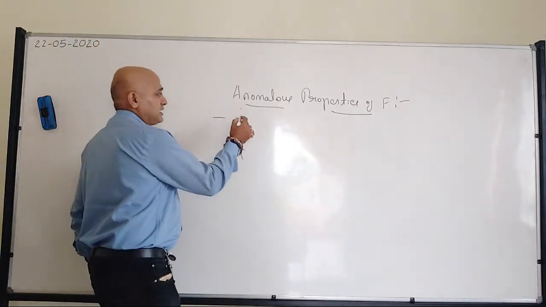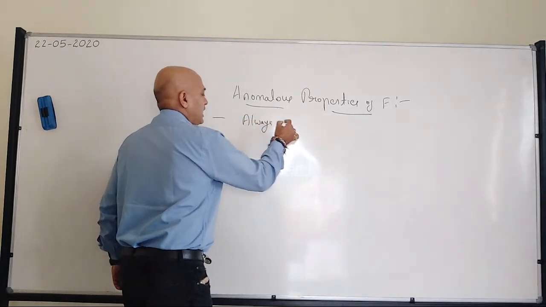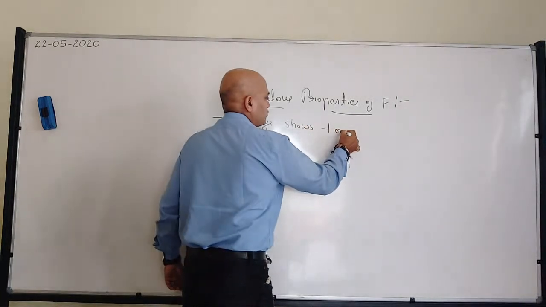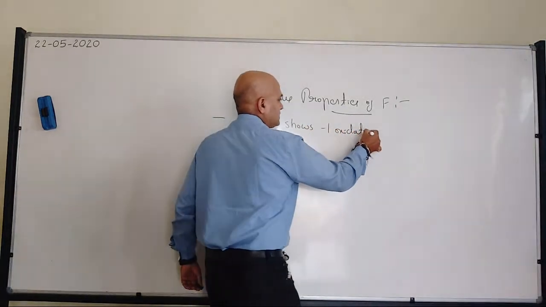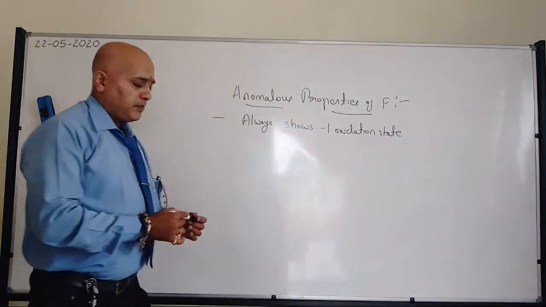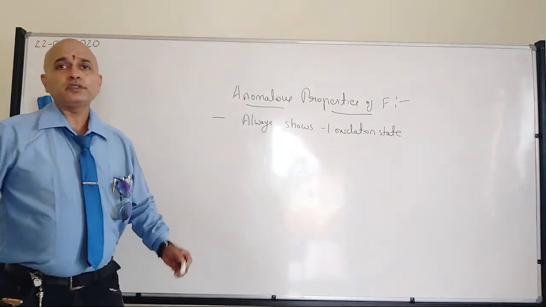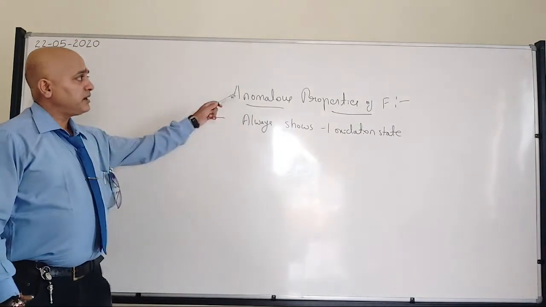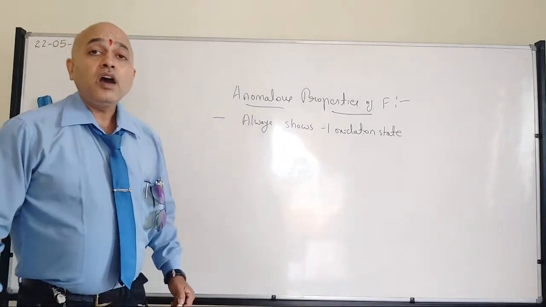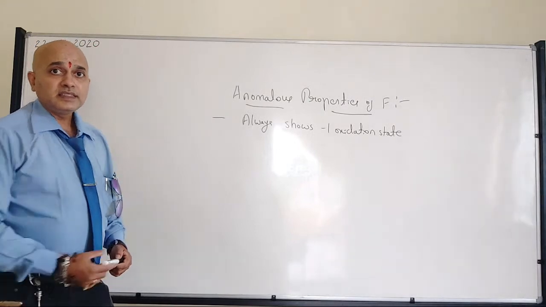So the first one is that it always shows -1 oxidation state. Done. No positive oxidation state. It's a big box. So therefore always -1 oxidation state. Right? Next.